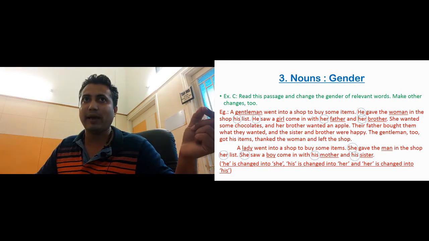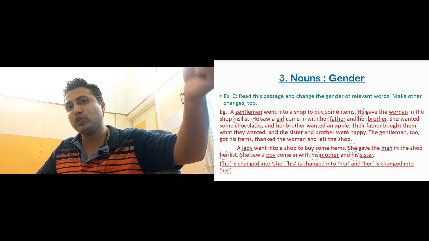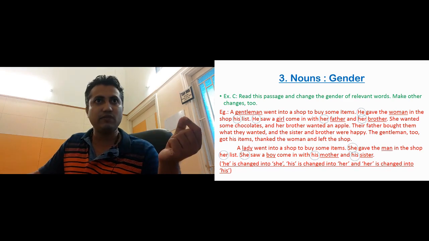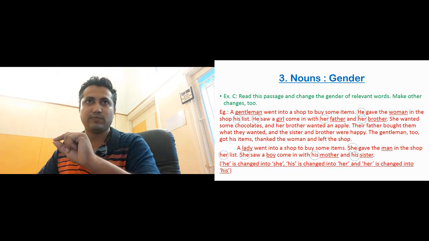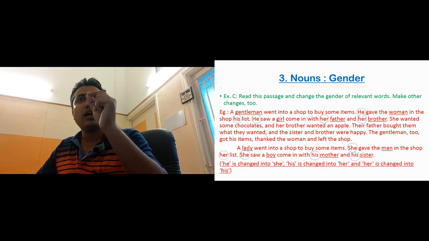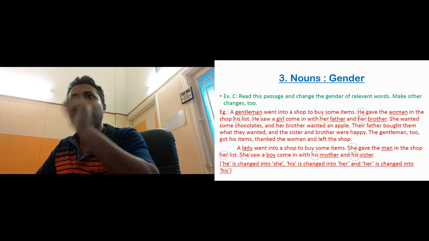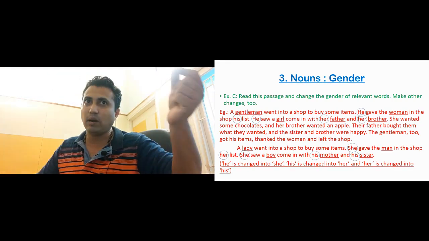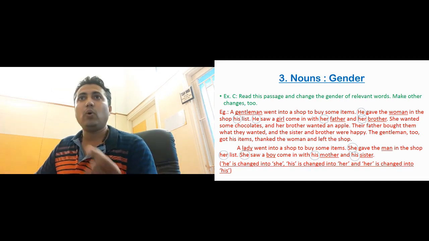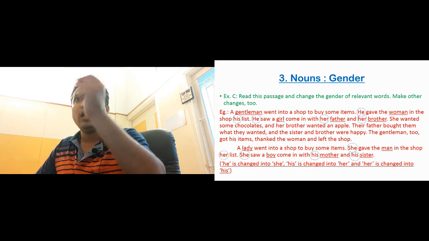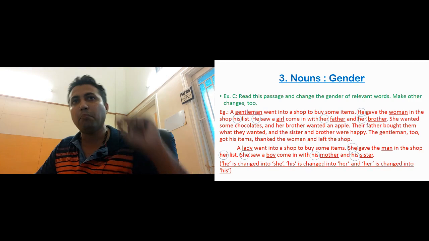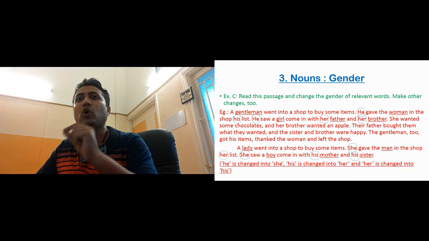Here, he means the gentleman, but we have changed the gentleman to lady, so he will be changed to she, and his list will be changed to her list. In the third sentence, he saw a girl come in with her father and her brother. Again he will be changed to she. Her means the girl, but we have changed the girl to boy, so her will be changed to his.